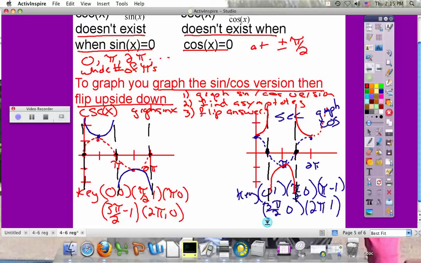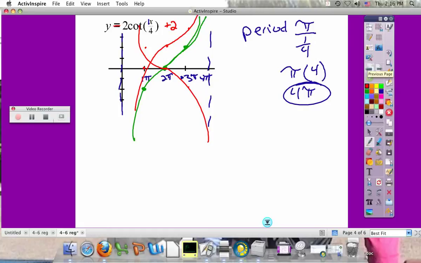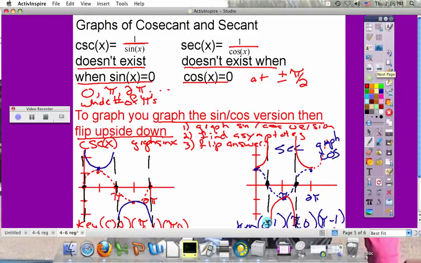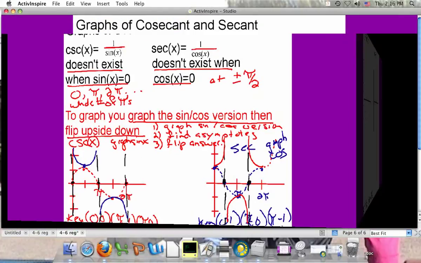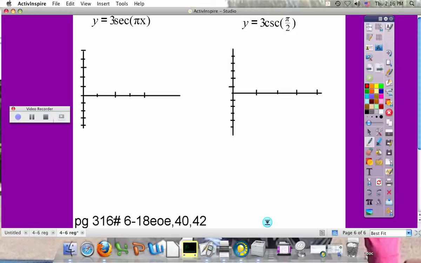Let's do 2 examples. So again, to graph them, you first have to graph the sine and the cosine version of it. Sorry, we went the wrong way. We have to graph the sine and the cosine version, and then we can graph our secant and cosecant. So on the top one, because it's a secant, we're really going to graph 3 cosine of pi x.